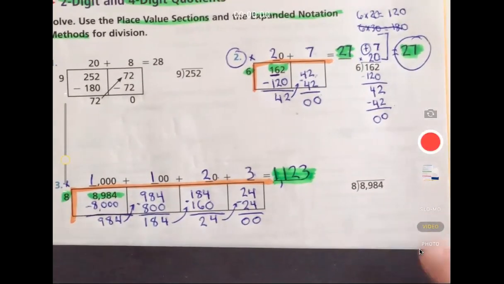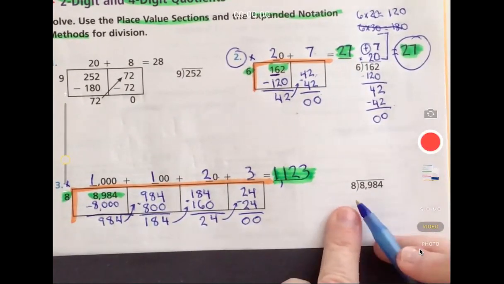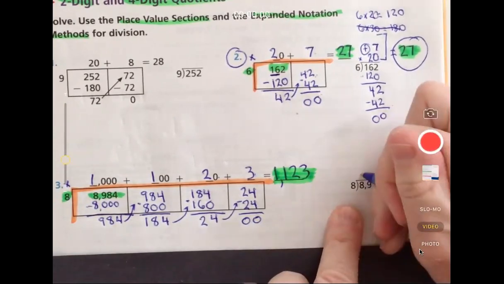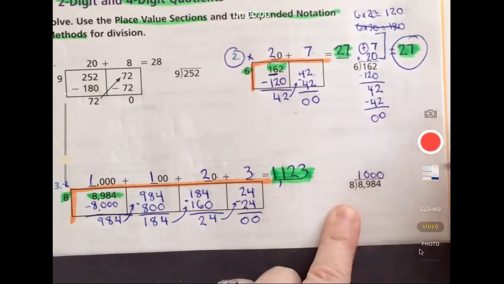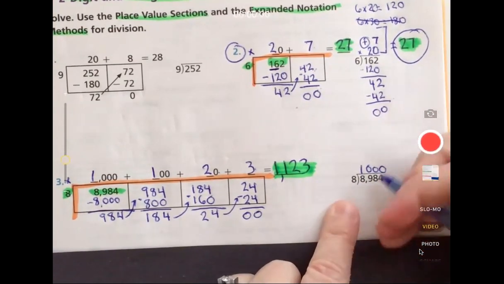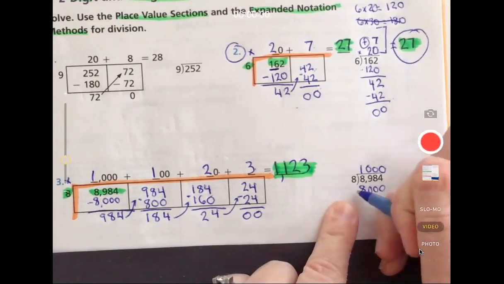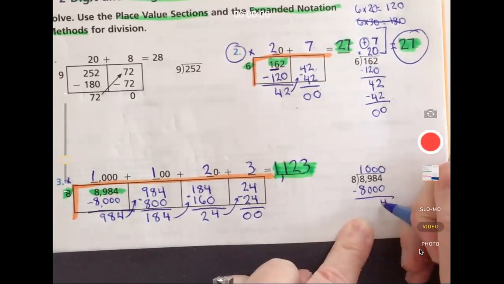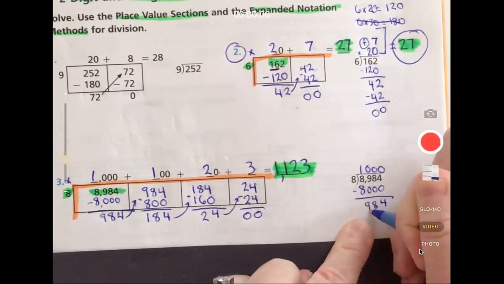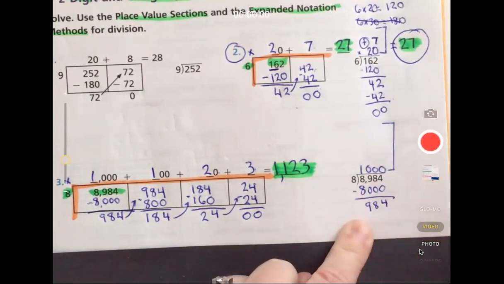Okay, if I'm doing expanded, this is what it's going to look like. 8 times 1. This is the thousands place. We have to put our 3 zeros. 1 times 8 is 8 plus the 3 zeros, so 8,000. Then we'll subtract 4, 8, 9. So we're going to build up on top here.